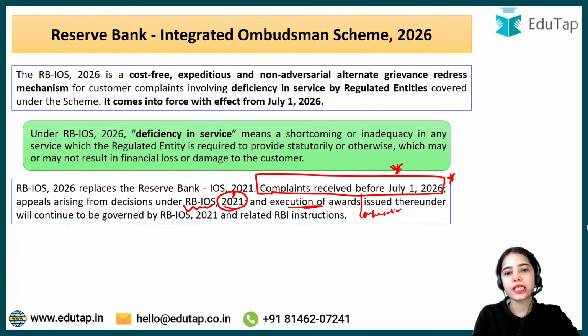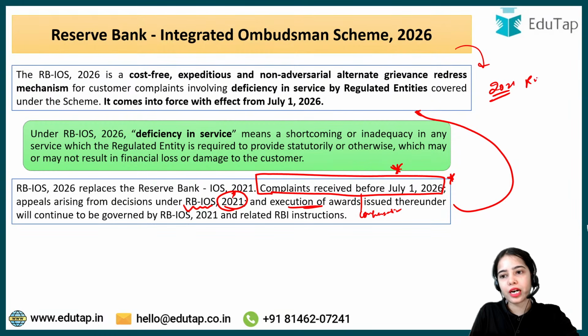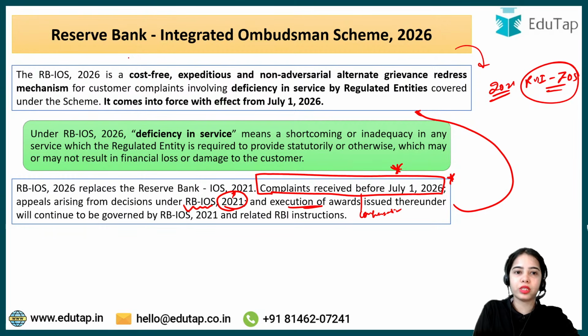Okay, so the Reserve Bank Integrated Ombudsman Scheme 2026 has replaced the 2021 RBI Integrated Ombudsman Scheme. It has come into effect from July 1, 2026.